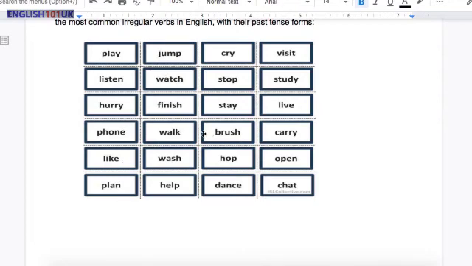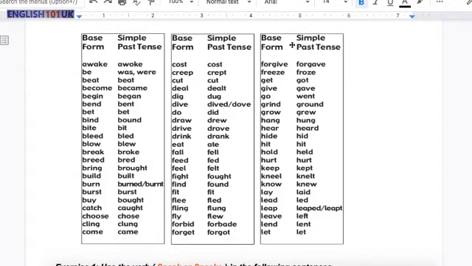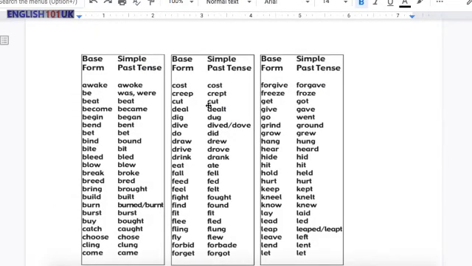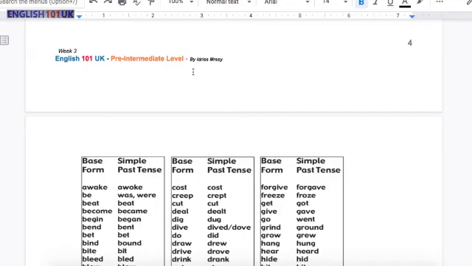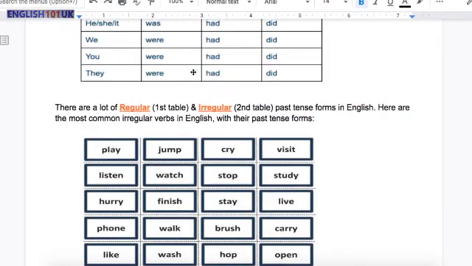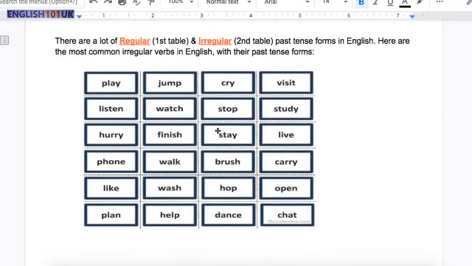Okay, the irregular verbs. So I advise you to do some research on Google. Just type irregular verbs, and you will have dozens of these verbs.